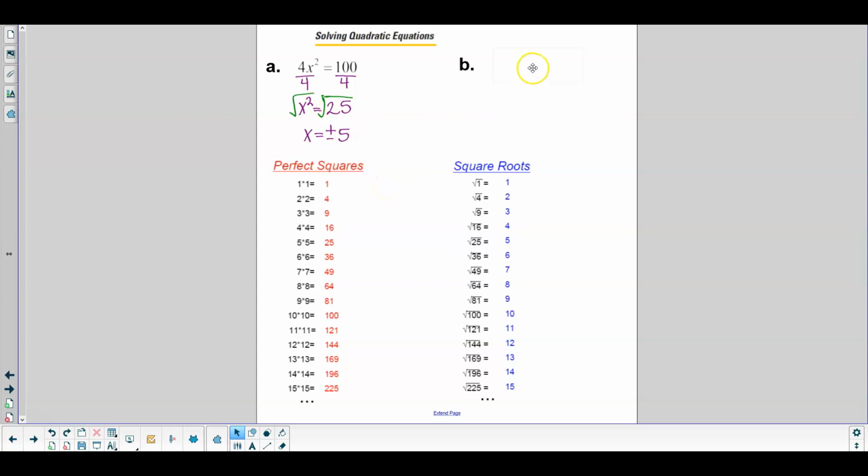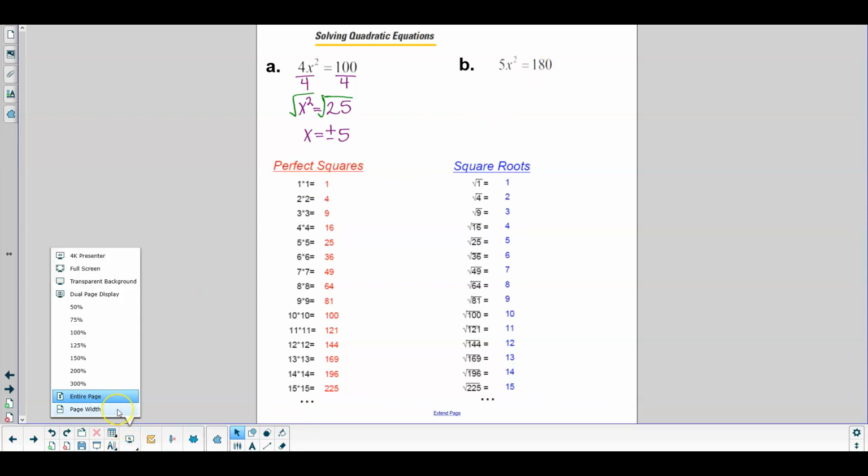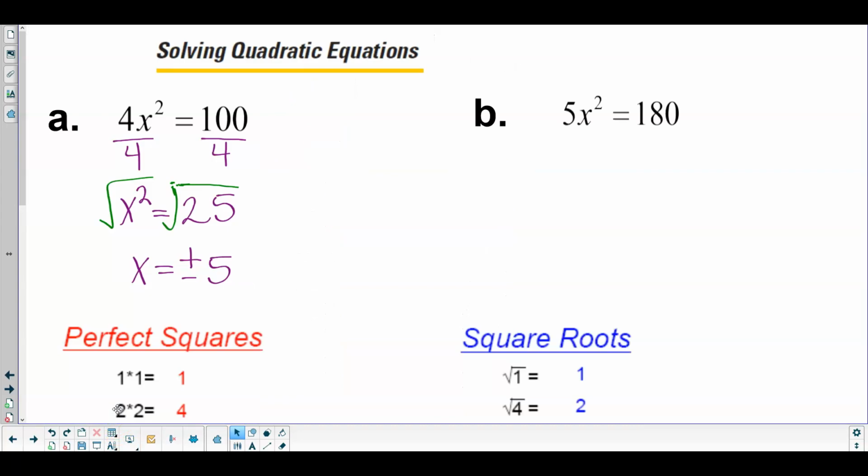So square root can have a negative answer, or it can have a positive answer. Okay, here's one. Let's try this one out. You can see that it starts off with 5x squared equal to 180. So what I'm going to do is I'm going to take this answer, I'm going to divide both sides by the 5. So I get x squared is going to equal 36.